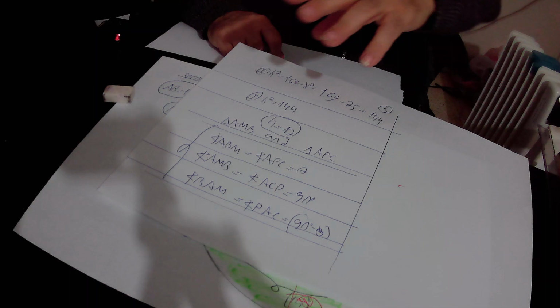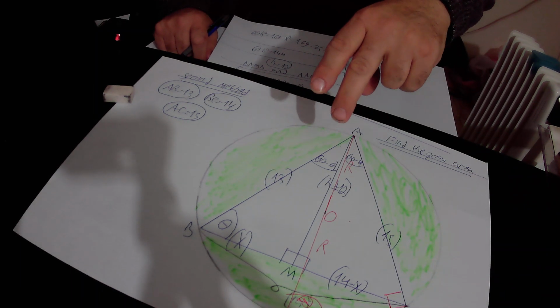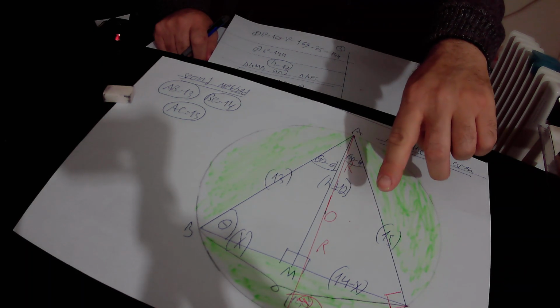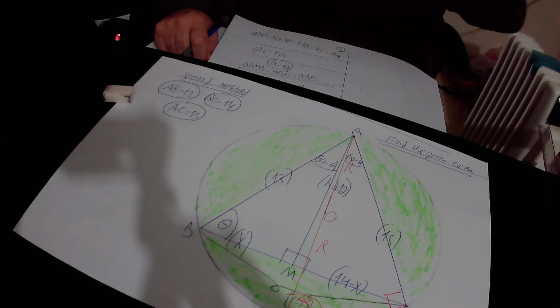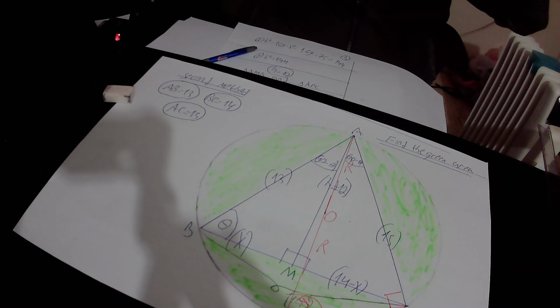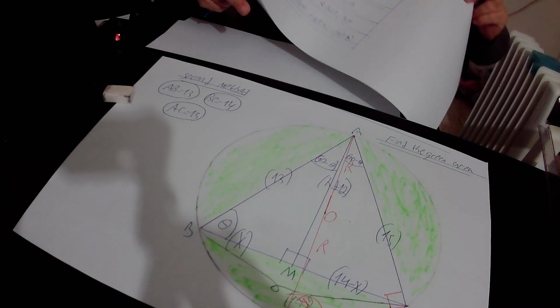So we actually proved that all three angles in this right triangle ABM are correspondingly equal to all three angles in this right triangle APC. Therefore, we proved that those two right triangles are similar to each other according to the angle similarity rule. So I write it down.